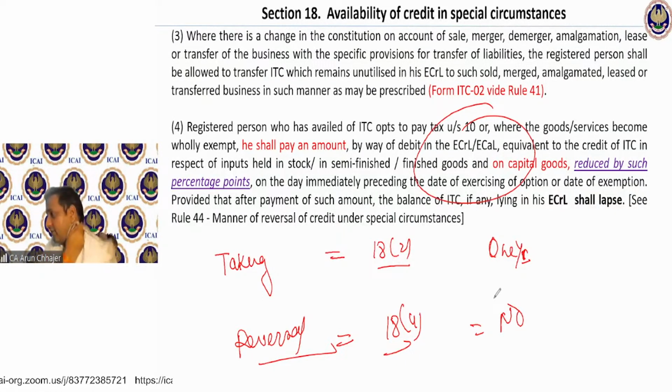It means even after 2 years, 3 years, whatever, you have converted or your supply became exempt, then you need to reverse the ITC, or I can say I will pay the amount. Reversal or payment is almost the same, no problem. Let's move further.